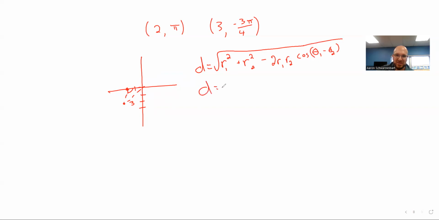So applying that here, I get the square root of 2 squared plus 3 squared minus 2 times 3. I guess I'm swapping those. It doesn't really matter. They're multiplied. Cosine of pi minus negative 3 pi over 4.